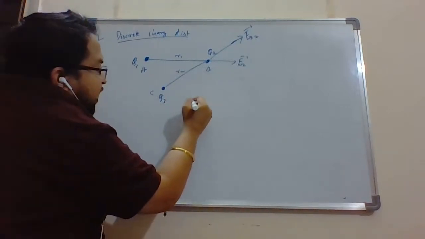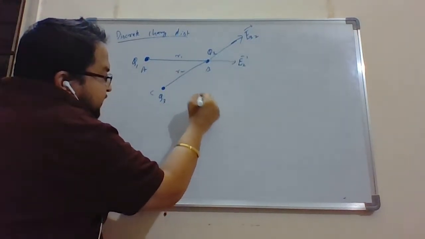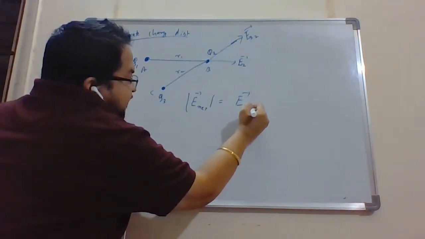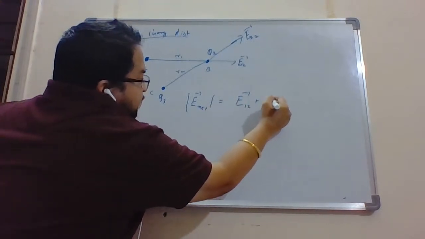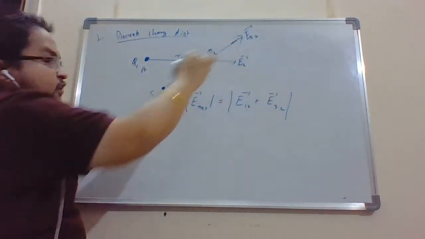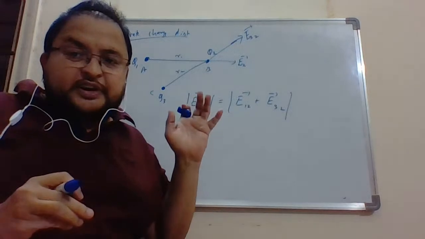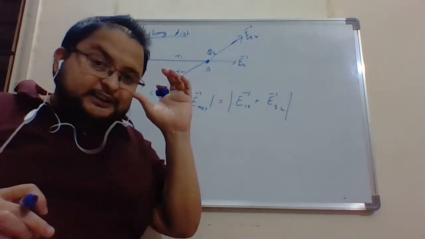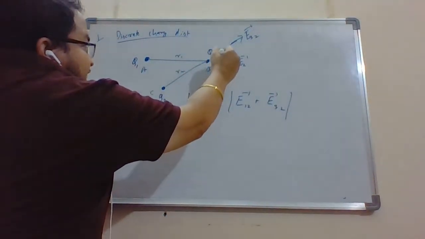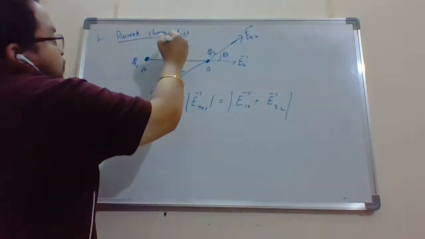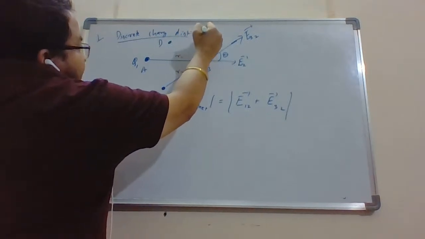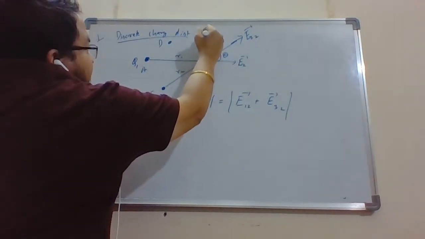Now, if I ask what is the net electric field, obviously it would be the vector sum of E12 and E32, the resultant. Because electric field is a vector, we need to do vector addition. We cannot just do scalar addition like 2 coulomb plus 3 coulomb equals 5 coulomb. It will depend on the angle theta between them. Now suppose we have a point D here and a point E here.